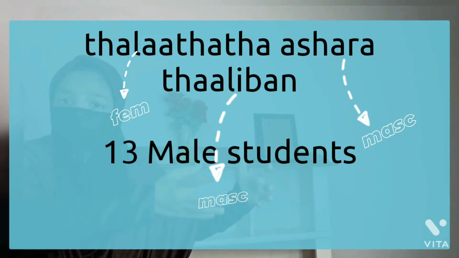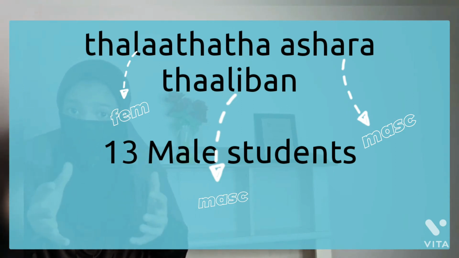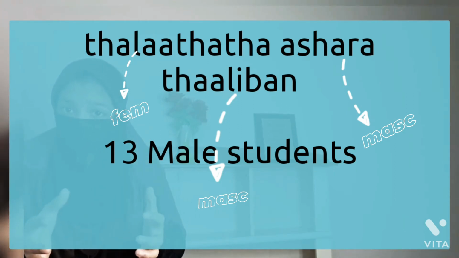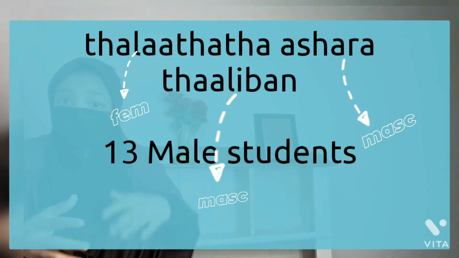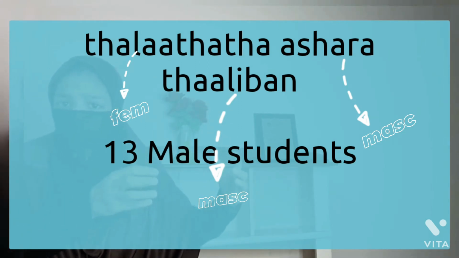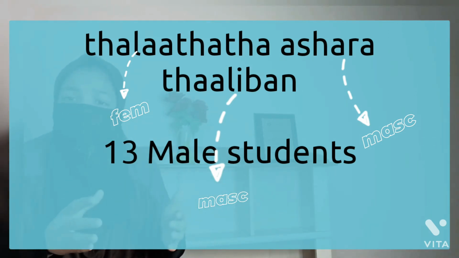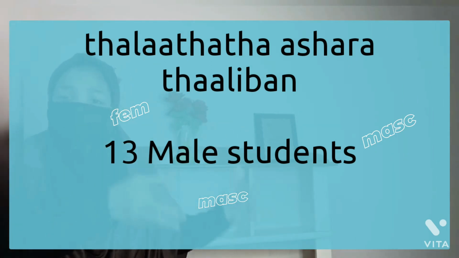Here taliban is in the masculine form, but thalathata, the first part, is in the feminine form. So always the first part for numbers 13 to 19 will act opposite. Ashara agrees because it is in the second place.